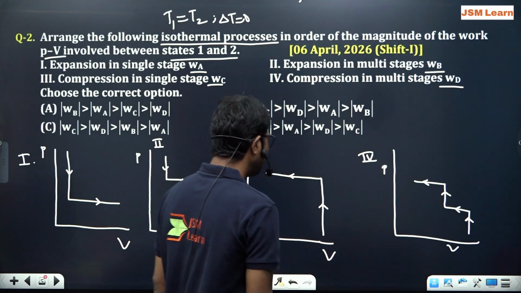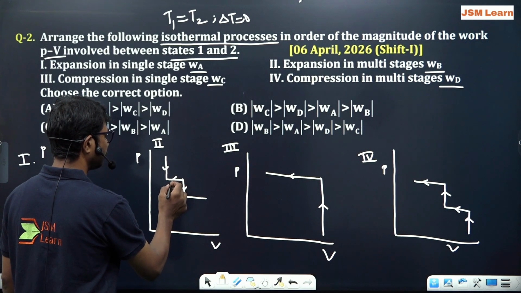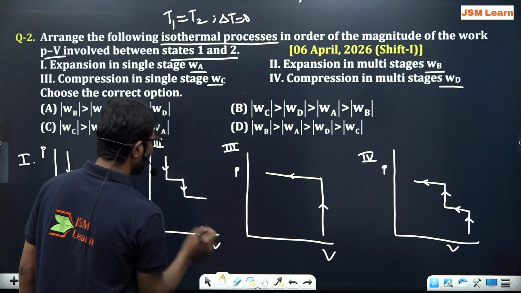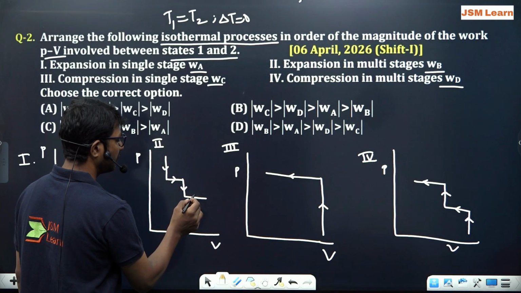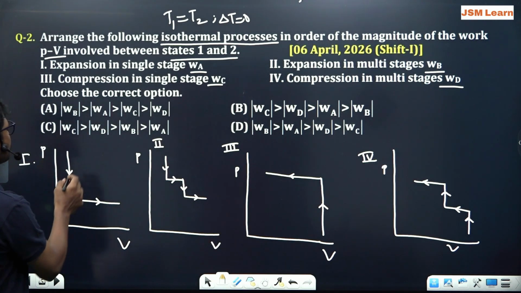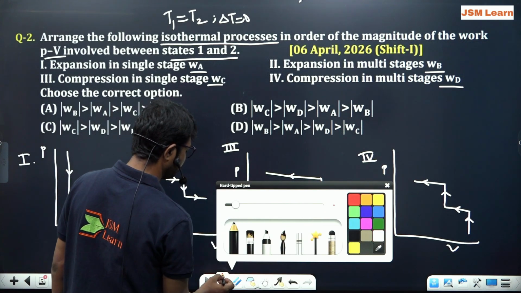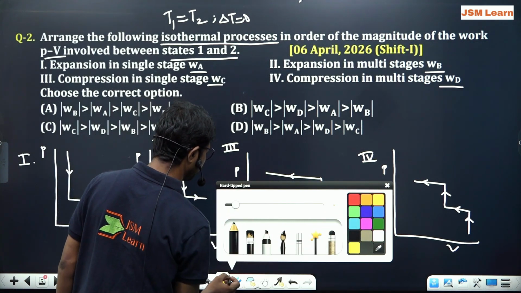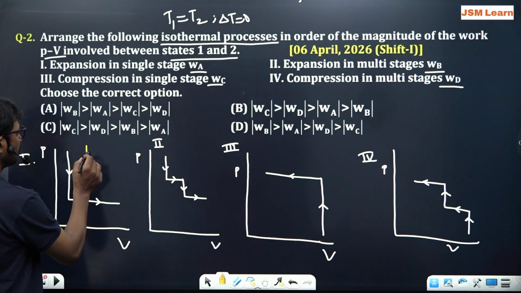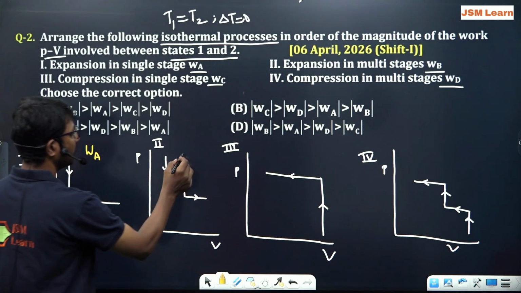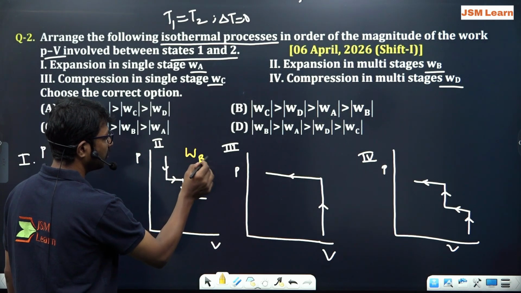Okay, so now let us see all the comparisons between the work done. First one they have mentioned here is WA. Now the second one is WB.